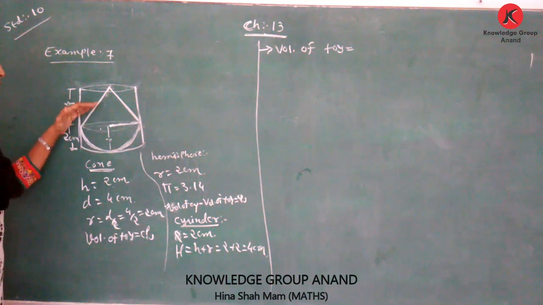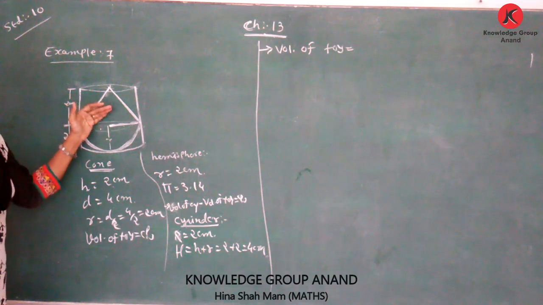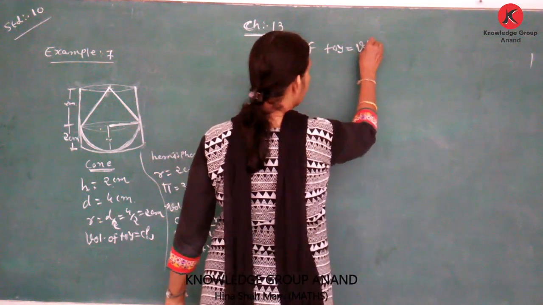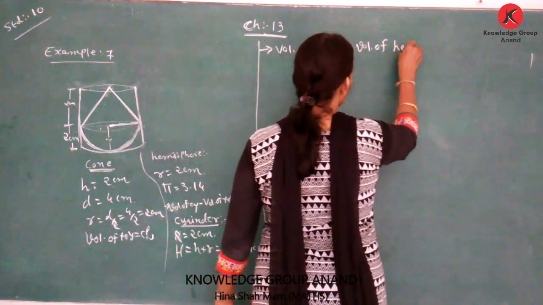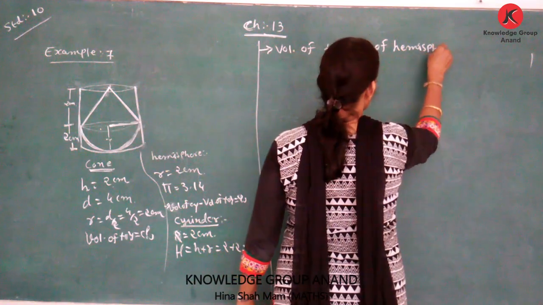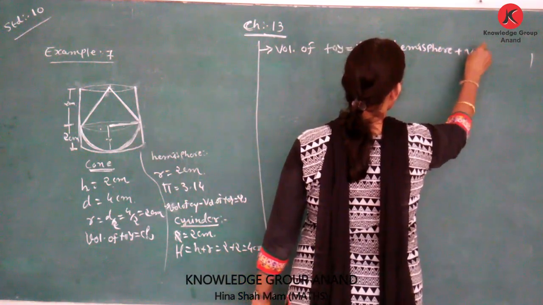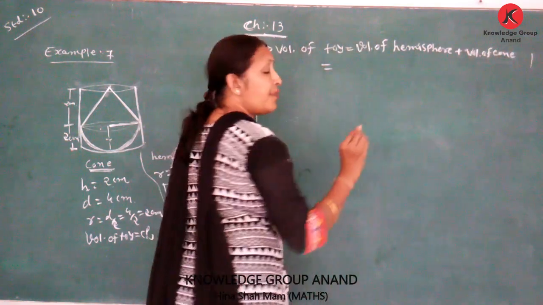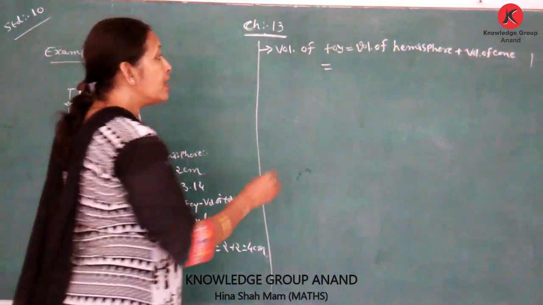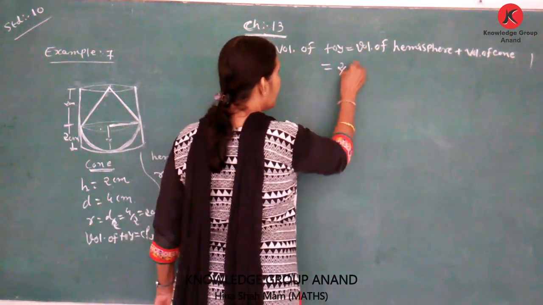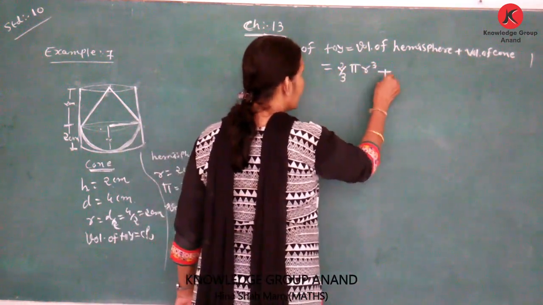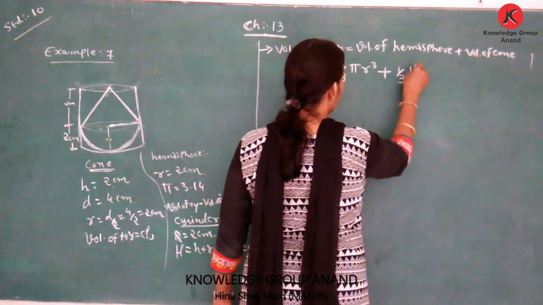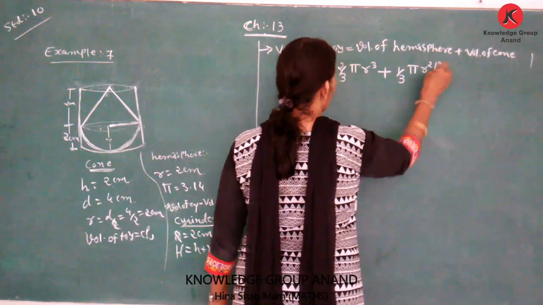The volume of the toy is equal to the volume of the hemisphere plus the volume of the cone. The volume of the hemisphere is 2 by 3 pi r cube, plus the volume of the cone, 1 by 3 pi r square h.